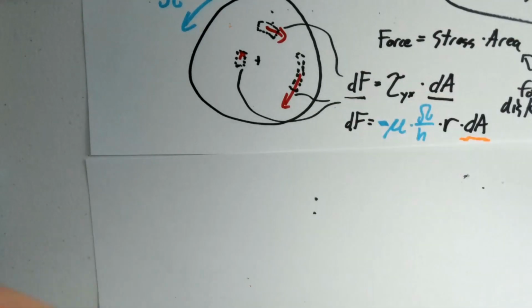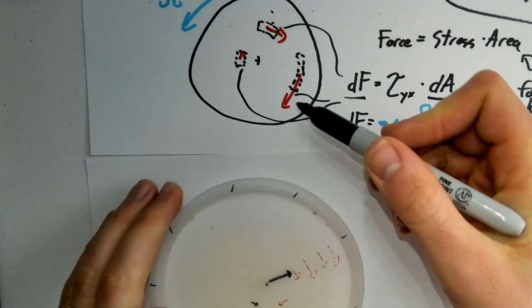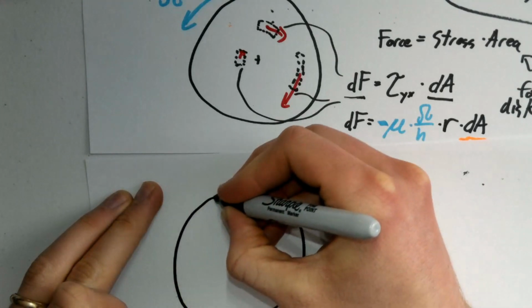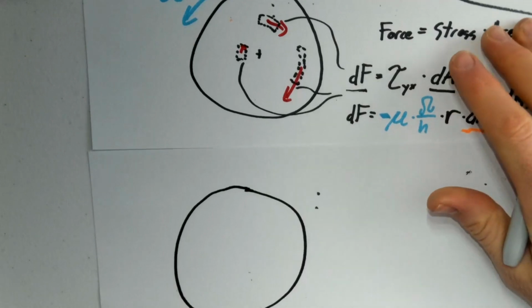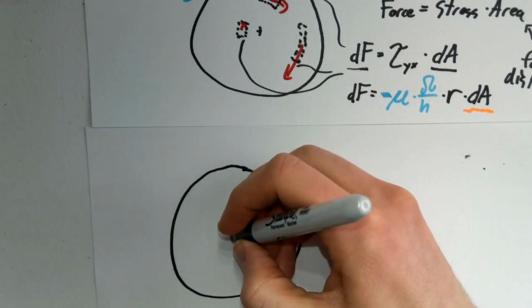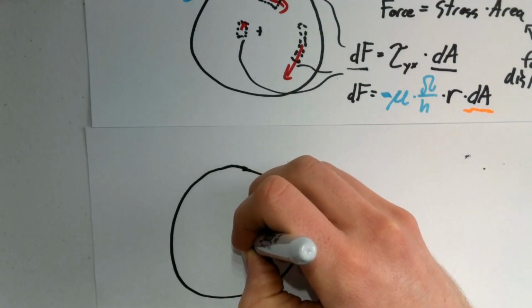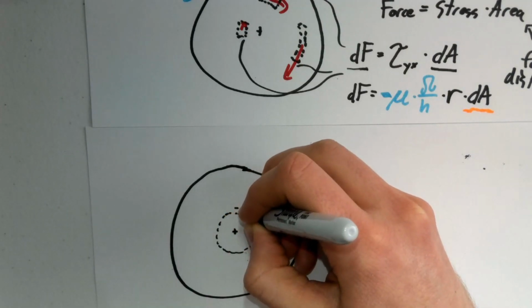So if I take my disk and I think about donuts. Actually, I try not to think about donuts too much because I'm super hungry right now. But if we think about donuts in a mathematical way, I could take this disk and break it up into a bunch of rings.